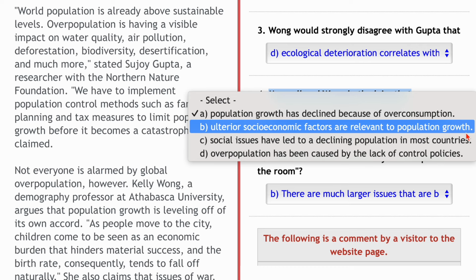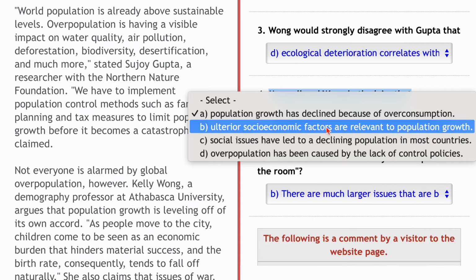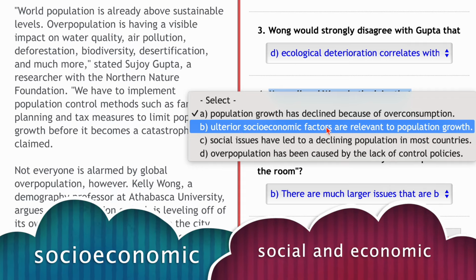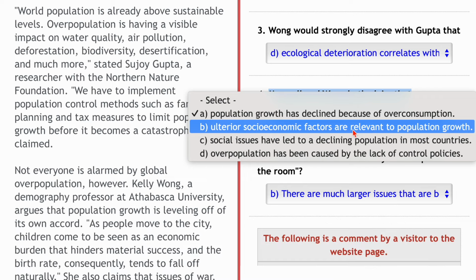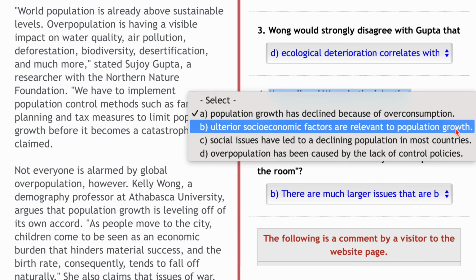Now, it says here ulterior, other, alternative reasons, okay, causes are relevant or important to population growth. Okay, so Wong, she mentioned that people are moving to cities, children are expensive to have or a problem.